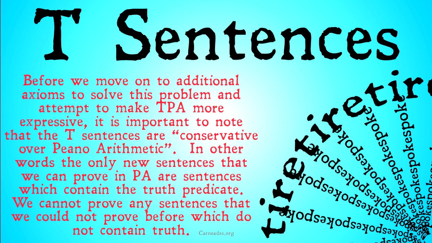There are no new sentences which only exist in Peano arithmetic, which don't have that T in them, which we've been able to prove. In other words, we cannot prove any sentences that do not contain the truth predicate, that we could not prove before.